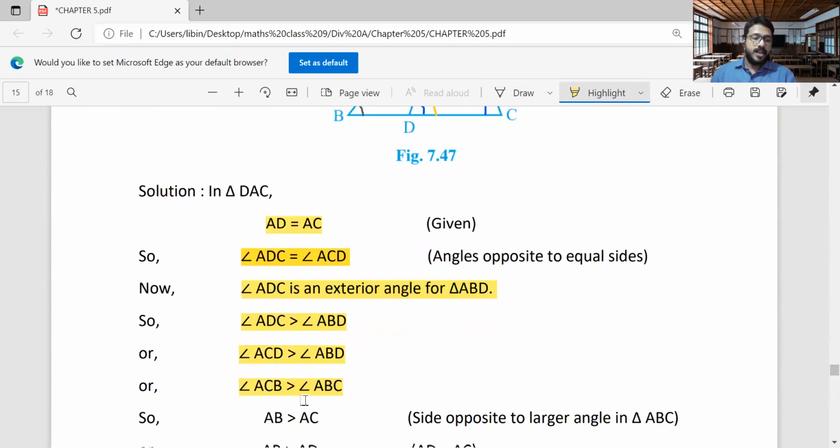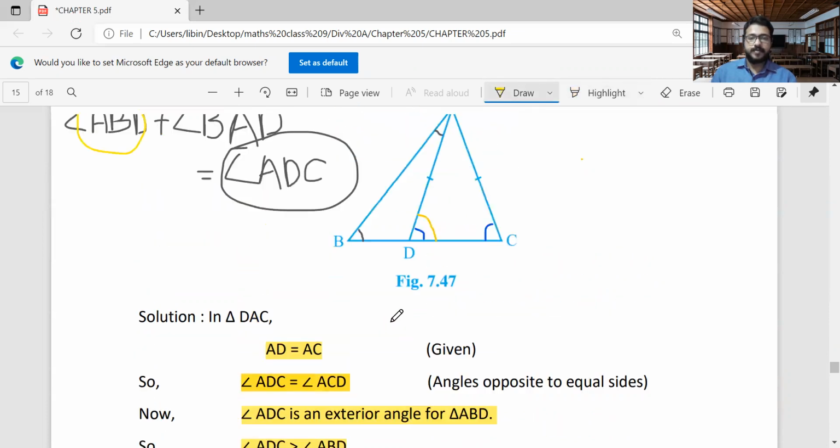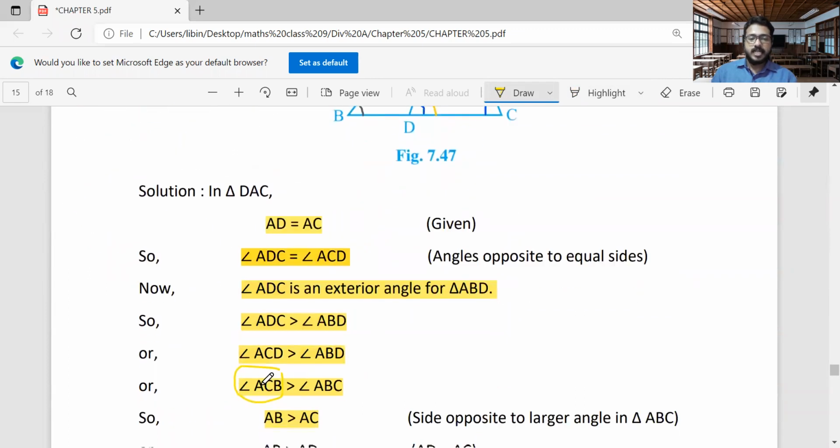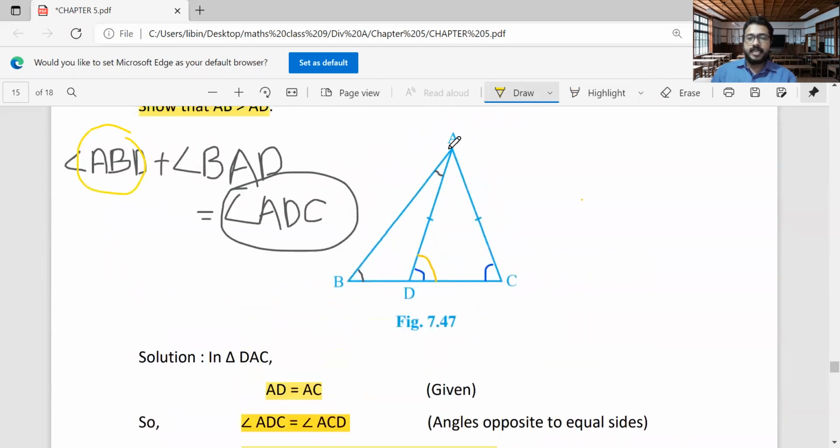Now, what about our previous theorems? Therefore, what is the side opposite to angle ACB in the triangle ABC?